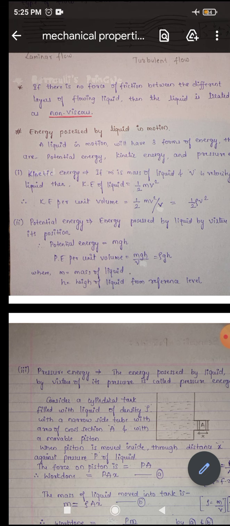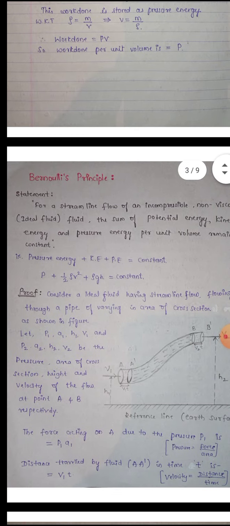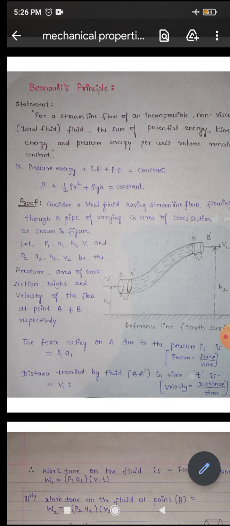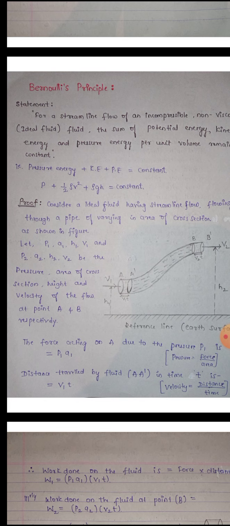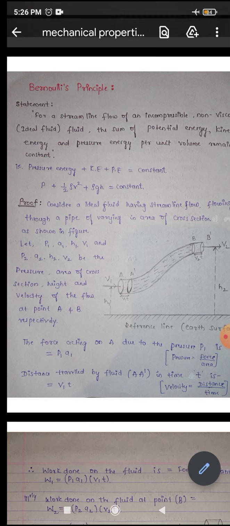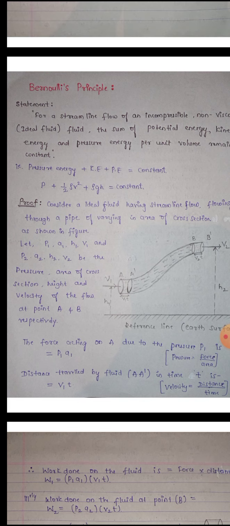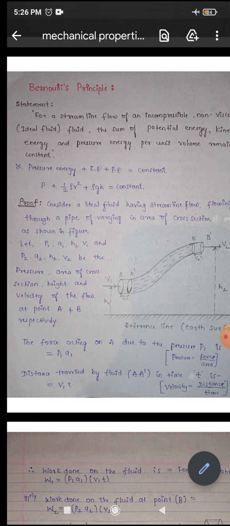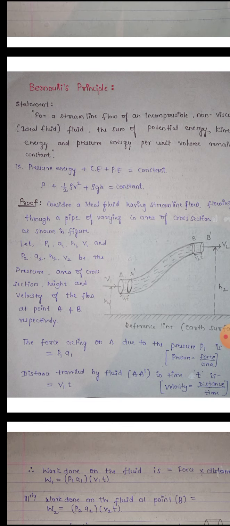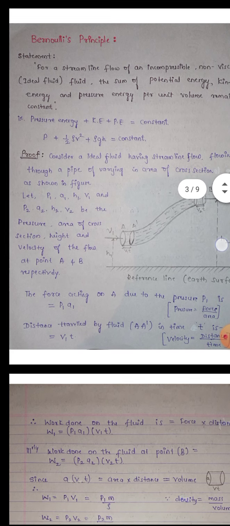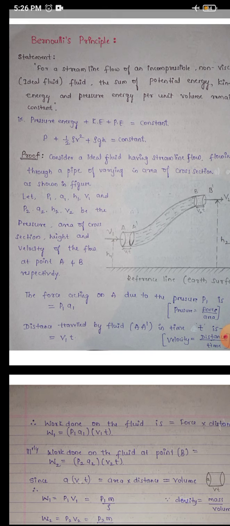It depends only on the value of height, and in this setup, point A was at the height of h1 and point B was at the height of h2, where h2 is greater than h1. So the potential energy at point A also goes on increasing when the fluid goes from A to B, because the height is varying here.